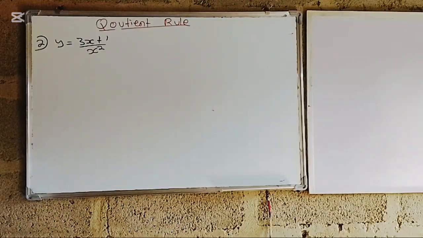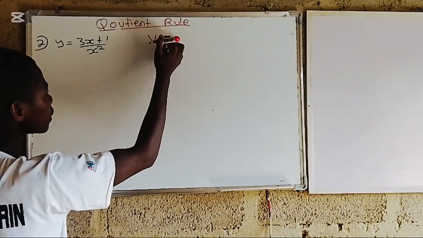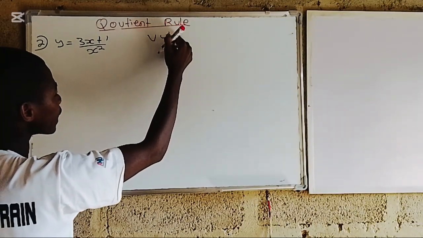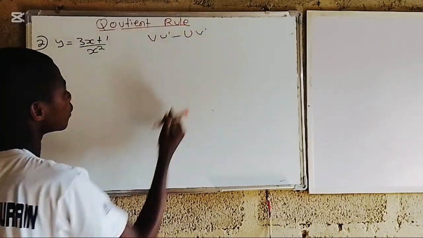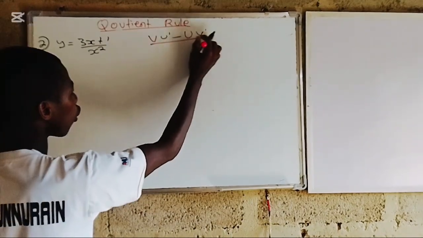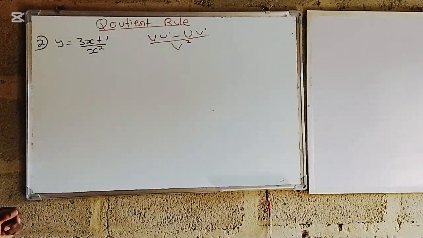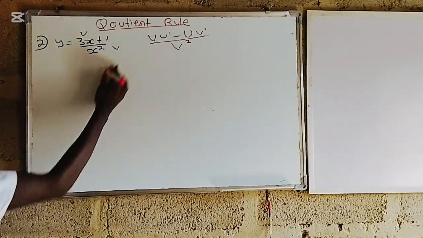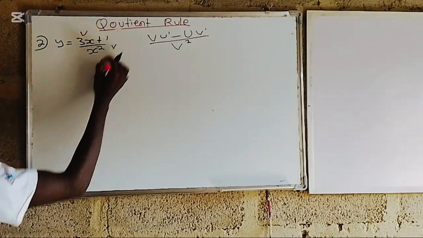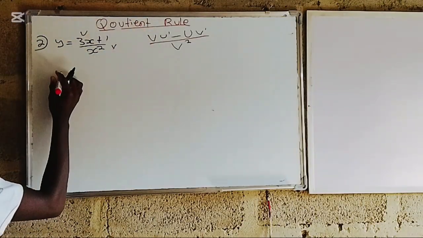So let's see the second question. The same formula says V U prime minus U V prime all over V squared. So this is U and this is V. I first have to figure out the values.